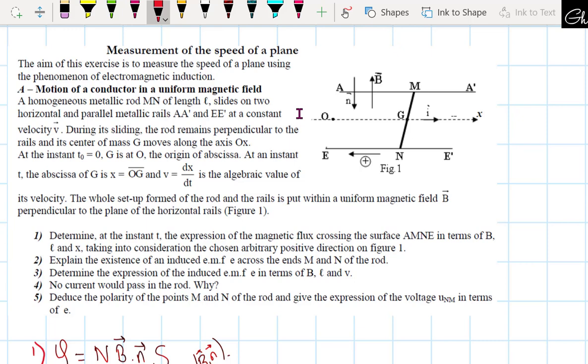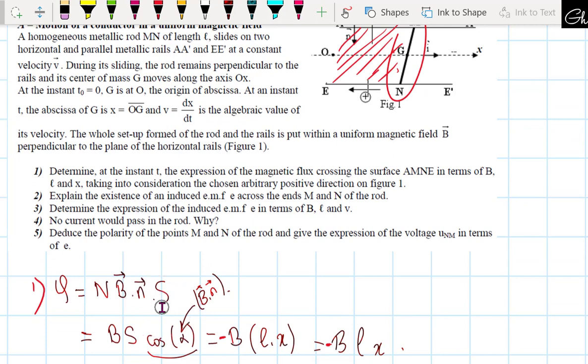Why is it varying? Since the area is changing. As you know, MN is moving to the right side, so this rod is going along the right direction. Then the surface area for AME is going greater and greater. Since S is changing, then the flux is changing or varying.